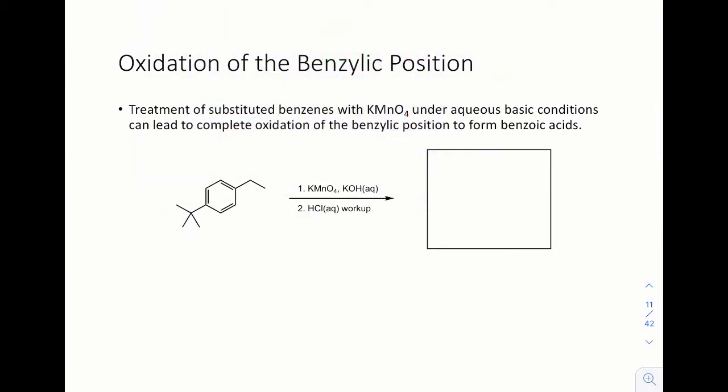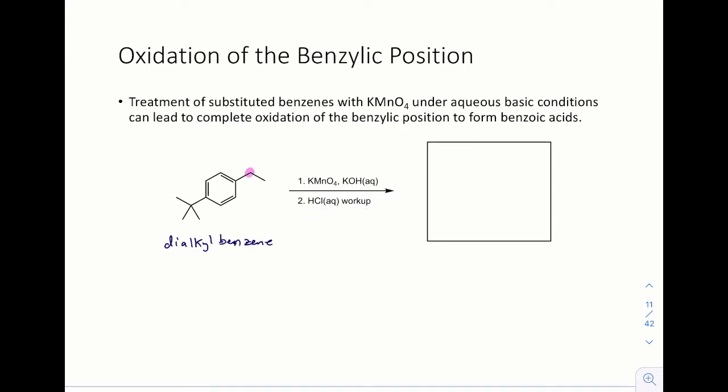For example, please predict the product of the reaction of this dialkyl benzene under the same reaction conditions. Treatment with potassium permanganate under basic aqueous conditions, followed by acidic workup. Identifying the benzylic positions of the 2 alkyl groups, we notice that one of them has benzylic hydrogens and the other benzylic carbon does not have any CH bonds.